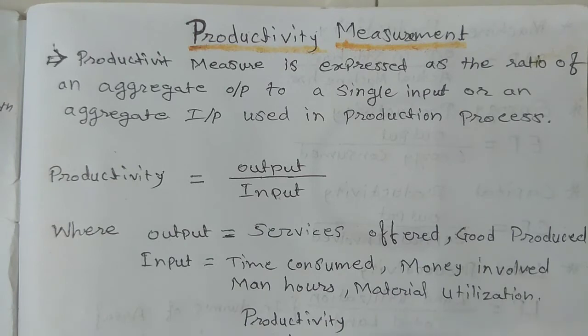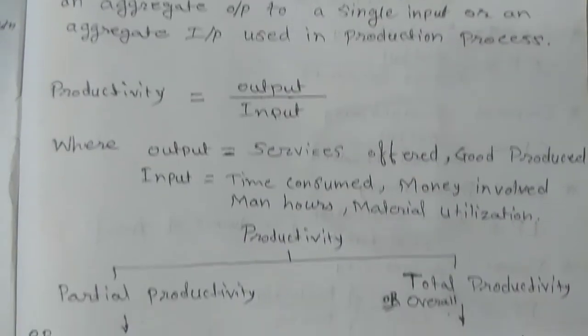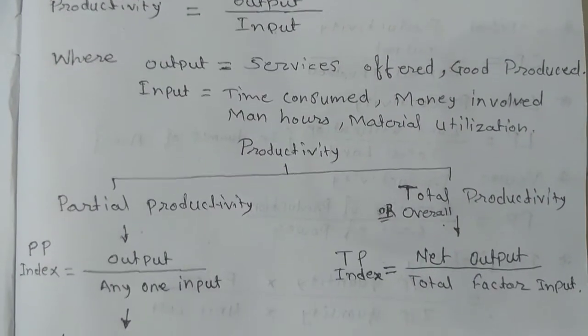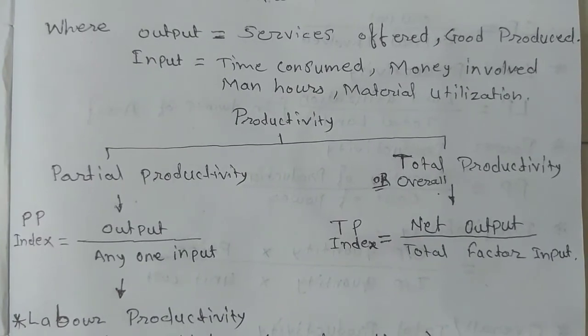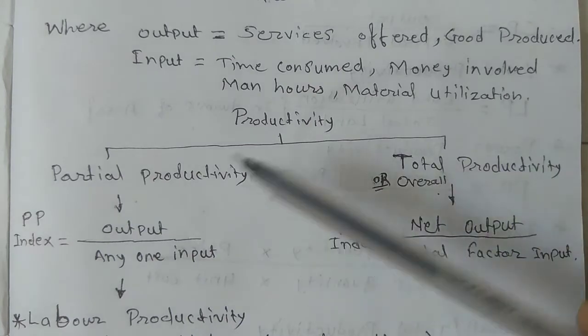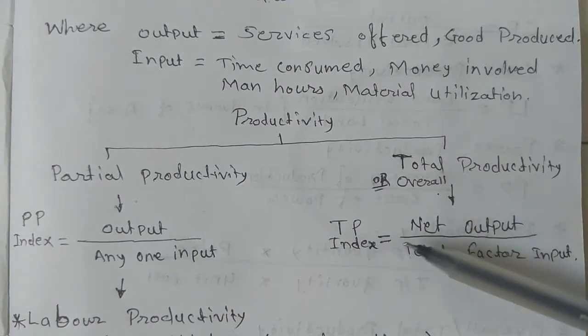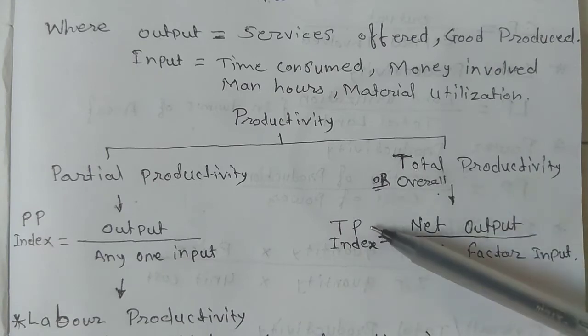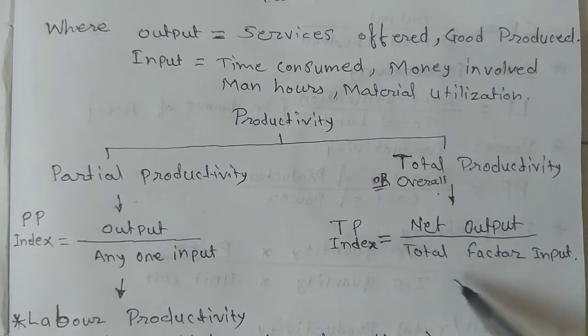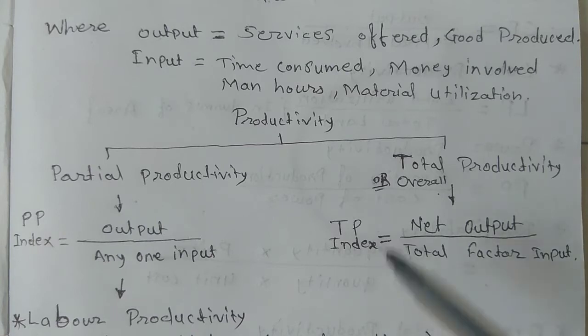Basically, productivity is classified into two types. One is partial productivity and another one is total productivity or overall productivity. In partial productivity, we consider only one input, whereas in total or overall productivity, we consider the total factor of input.